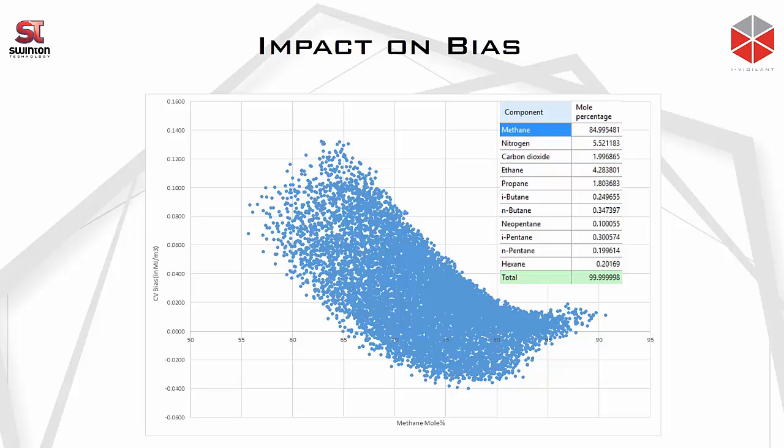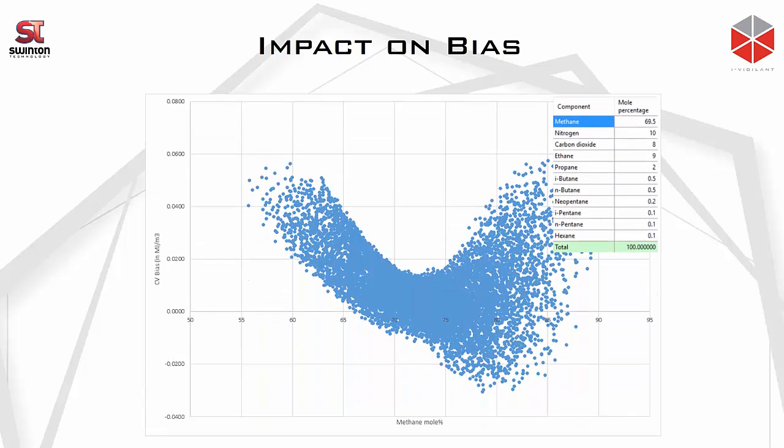This is why it's really important to understand where our gas actually operates. What is the actual range of operation of our gas? Changing the calibration gas composition will change this bias profile. So here's an example. We change the calibration gas to have 69.5% methane.